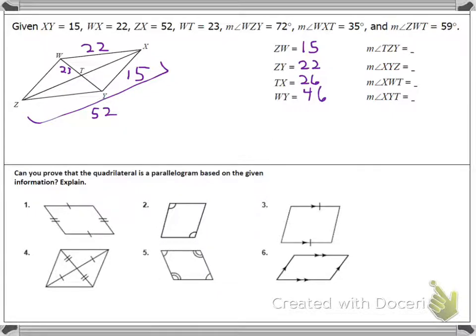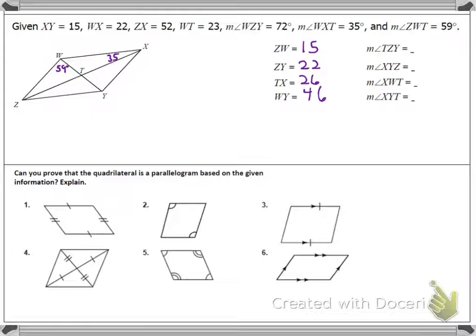Now let's go to angles. WXT is 35. ZWT is 59. That would be this part. We need to go through and solve.